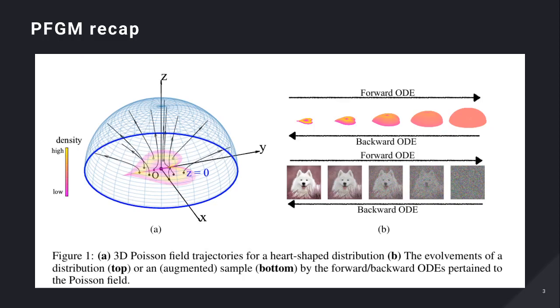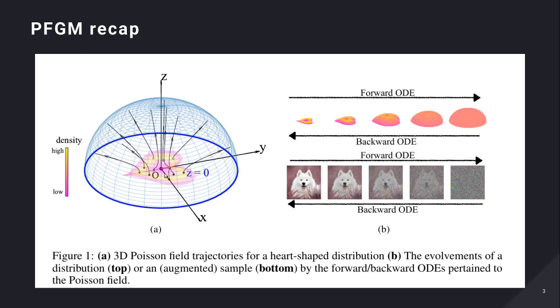So as a recap, the original PFGM paper was based on physics. Essentially, the idea was you would take your original data distribution, say here as a plane, embed it and add an extra dimension so that you have n+1 dimensional space, and you would assume that your data distribution was an electric charge on this z=0 plane, and you would compute the electric field associated with that distribution, and that would give you some vector field over the space.